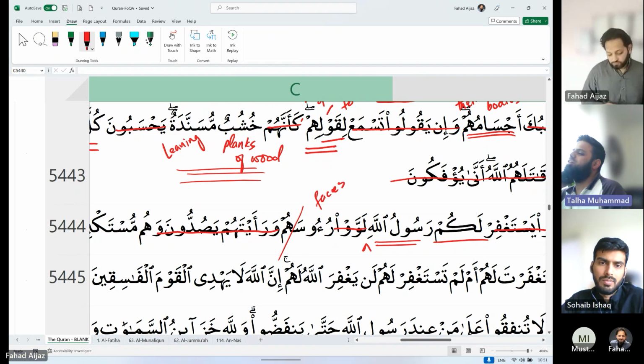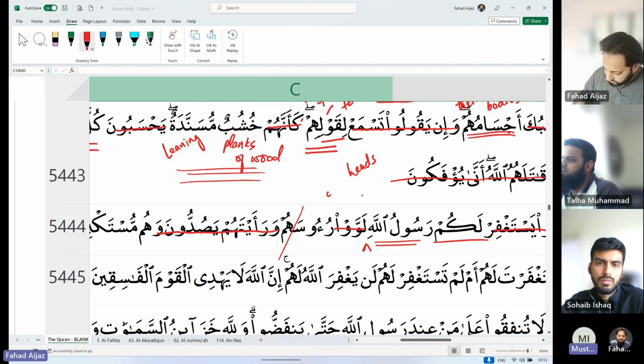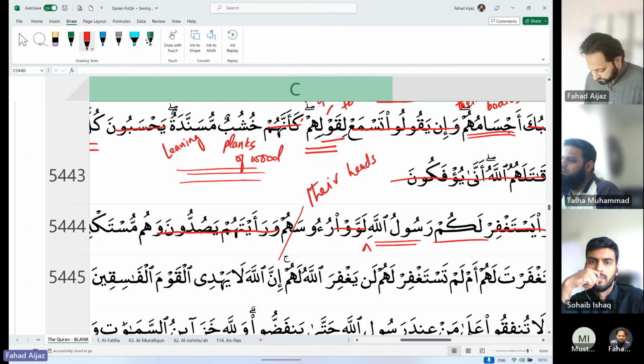Then it's idafa with attached pronoun. Ru'usahum, their faces, or their heads. Heads, I think, would probably be the better translation. Their heads. Idafa.